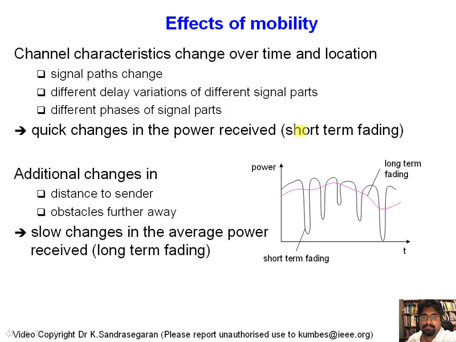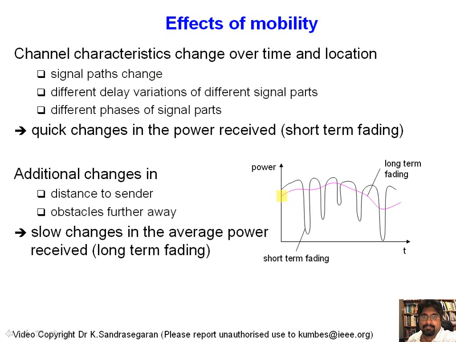Now, in terms of mobility, one of the things that happens when users are moving is that the characteristics of the signal change over time. As you are moving, there are many different paths that you can have between the transmitter and the receiver, and this change in the signal paths can result in different fading mechanisms.